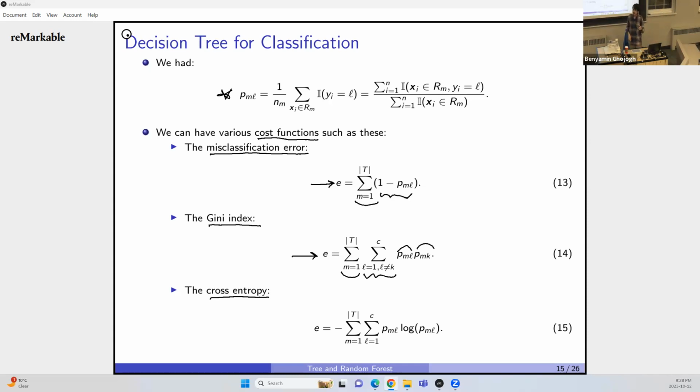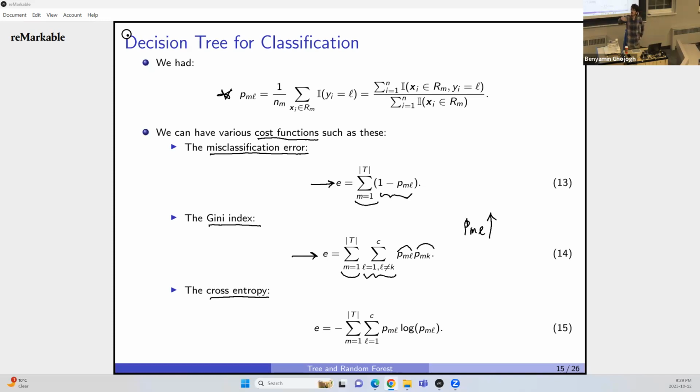Do you see that? So if PML is close to 1 for one of the classes, that's good for me. The other one gets very small. The multiplication of these two will become what? Can you tell me? So consider PML large. This is desired for class L, right?